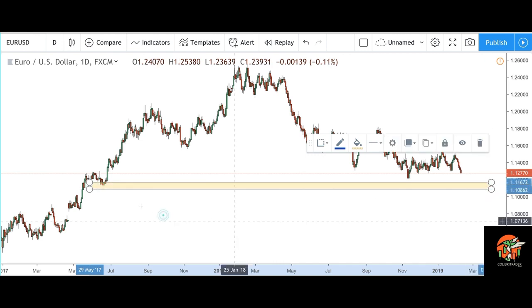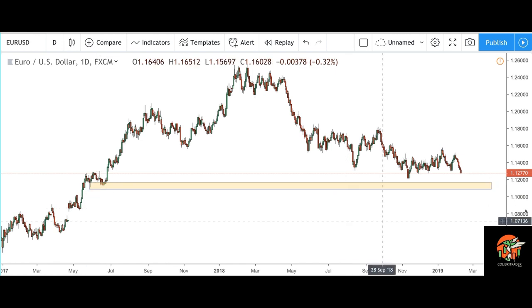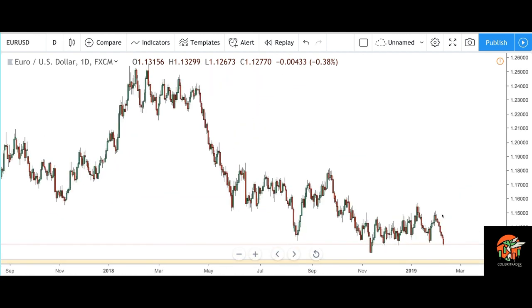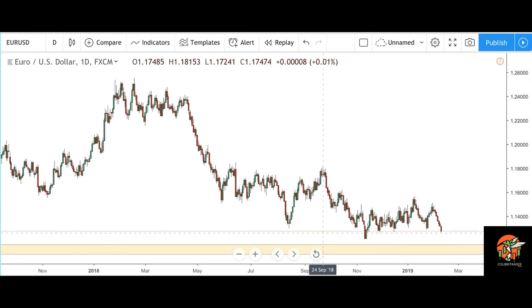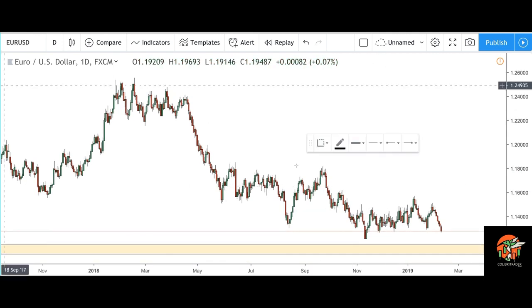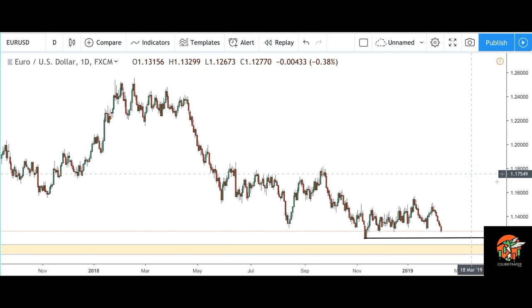This zone was formed in the summer of 2017, and currently the price is approaching this area. At the same time, it coincides with this nearest support level, which is formed by those lows here on the 9th of November. If I extrapolate this line, you can see that more clearly.